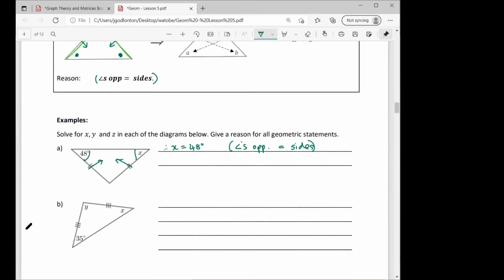Okay, so for this one, I'm trying to find x and I'm trying to find y.